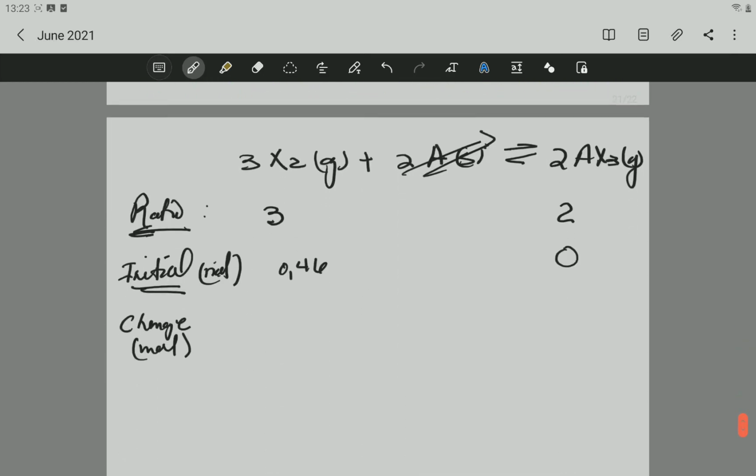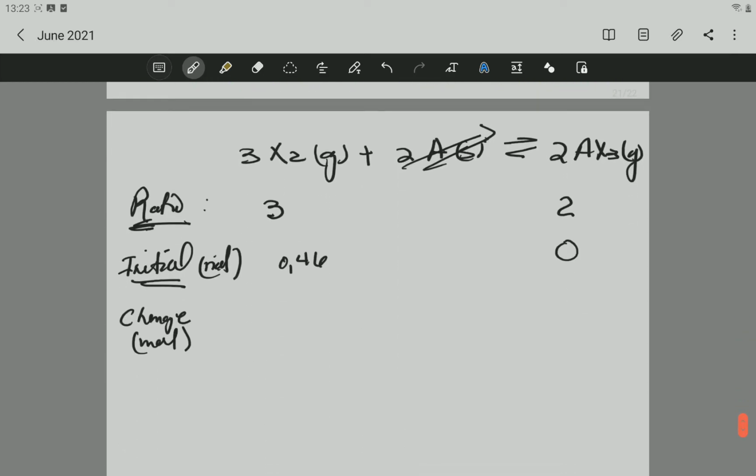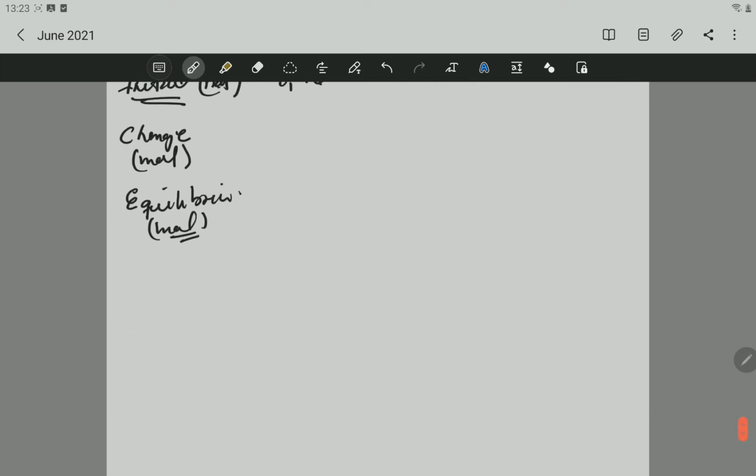Now, what is coming after change? Equilibrium. E for equilibrium, however, it must also be in mole. We don't have any data. We have equilibrium in mole per decimeter cubed.